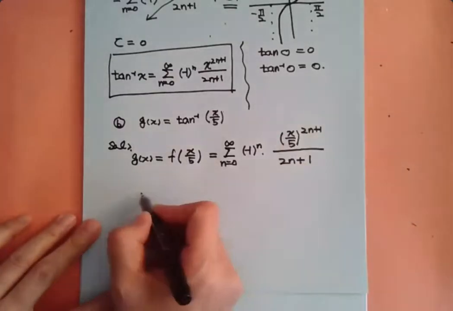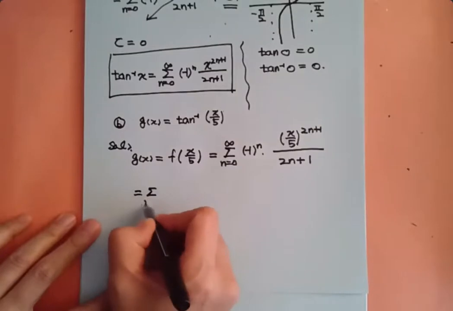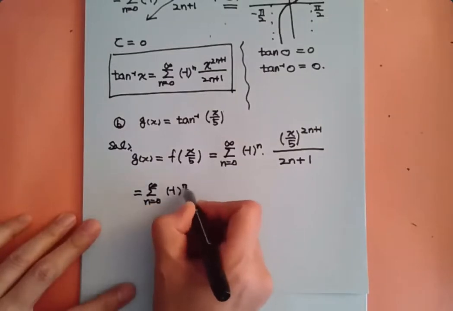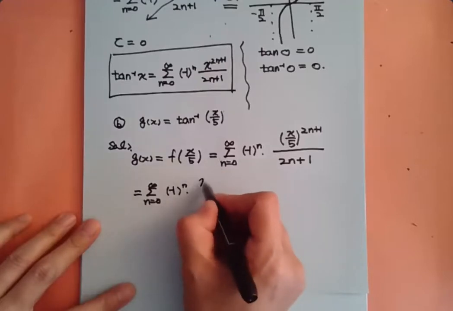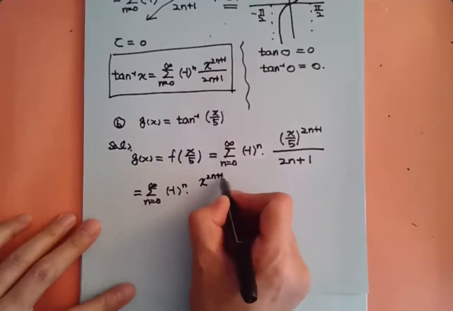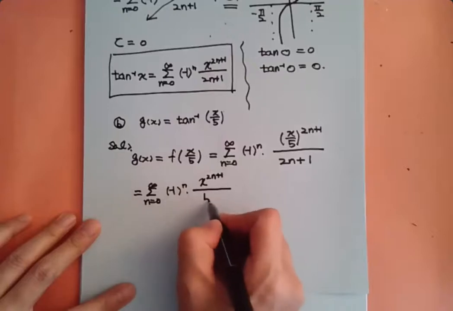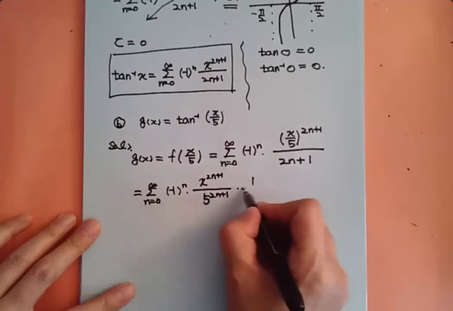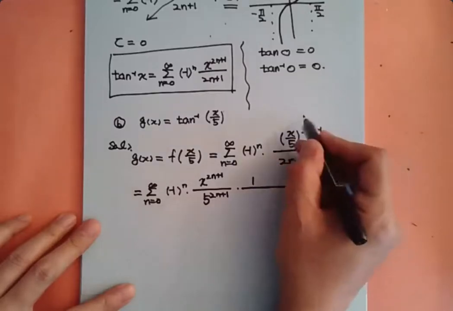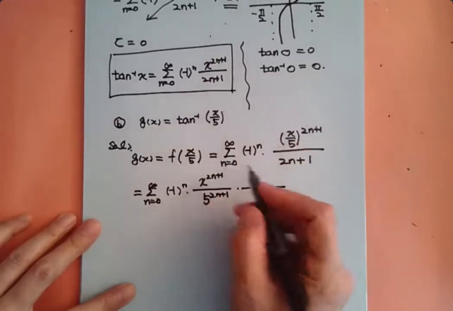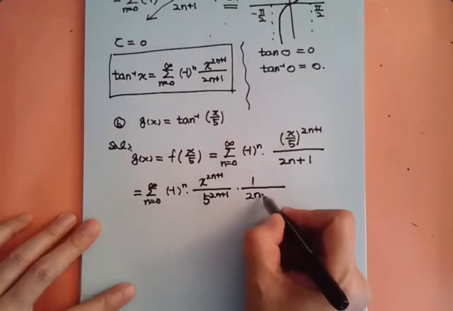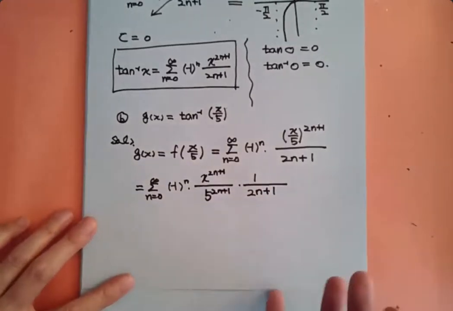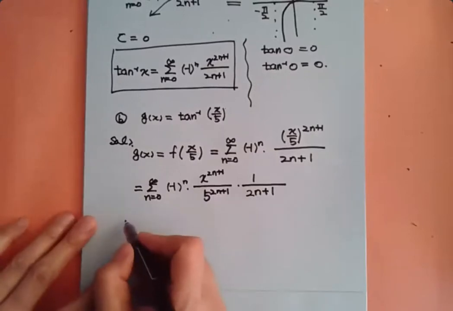So this one is a summation n equals 0 to infinity, (-1)^n times x^(2n+1) over 5^(2n+1), times the denominator. This is just the numerator, so we just multiply like this, and the denominator is 1 over, can be written as 1 over 2n plus 1, right?